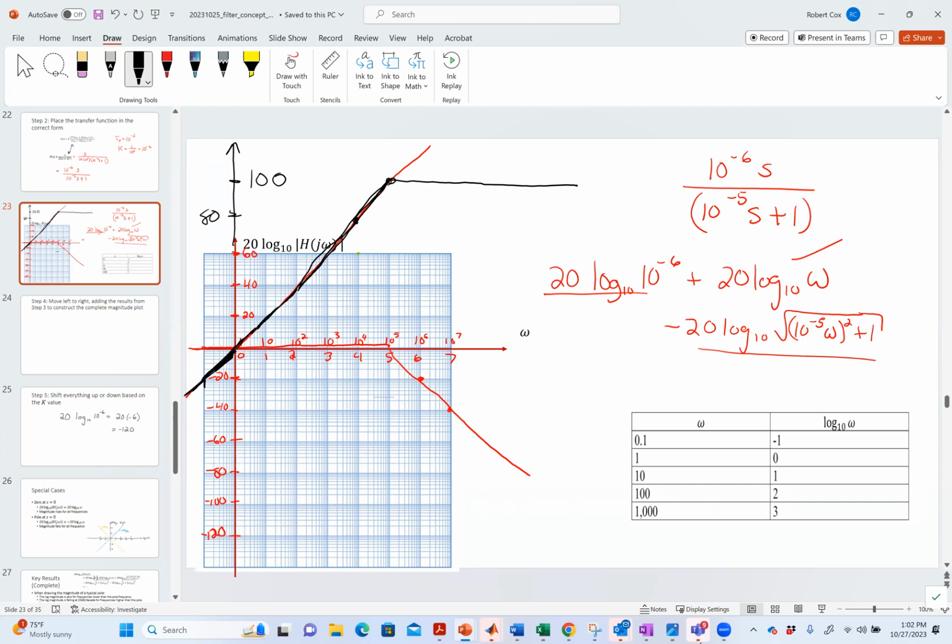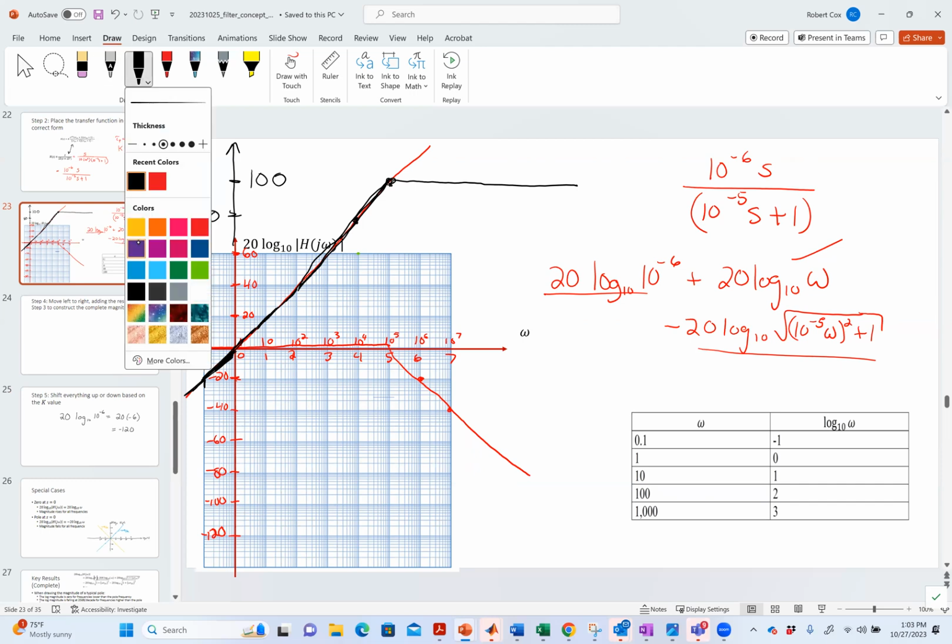So as I add negative 120 to everything, it shifts the whole thing down by 120. So what's going to happen? I'm going to start at that break point at 10 to the 5th. Where would this point shift to if I shift it down by 120? Negative 20. So I need a new color. Purple.